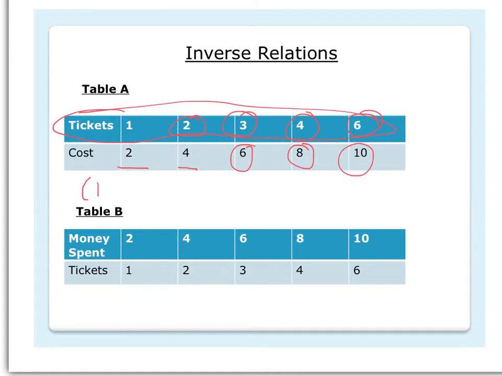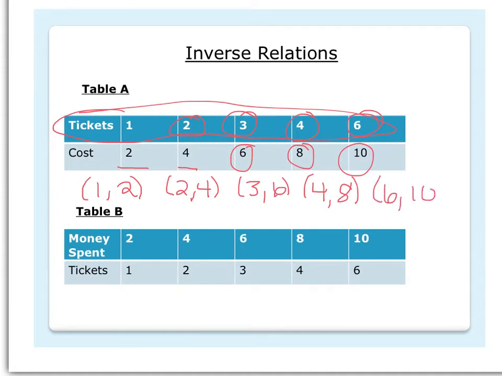So we can write these as ordered pairs: 1, 2, 2, 4, 3, 6, 4, 8, and 6, 10. Now in table B, we have the reverse of that, or what's called the inverse.